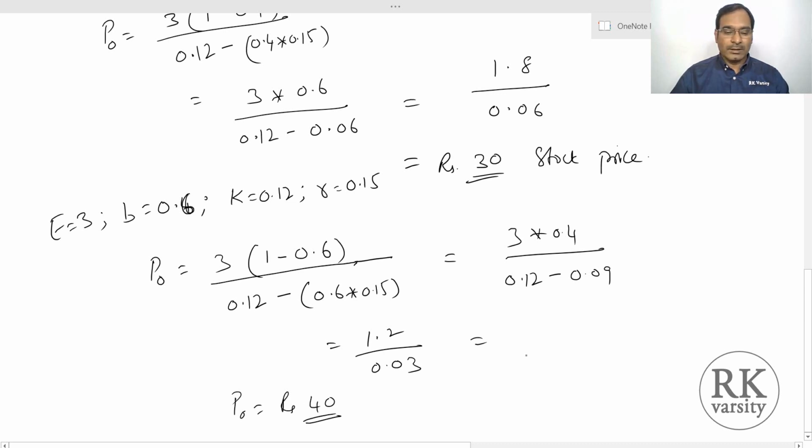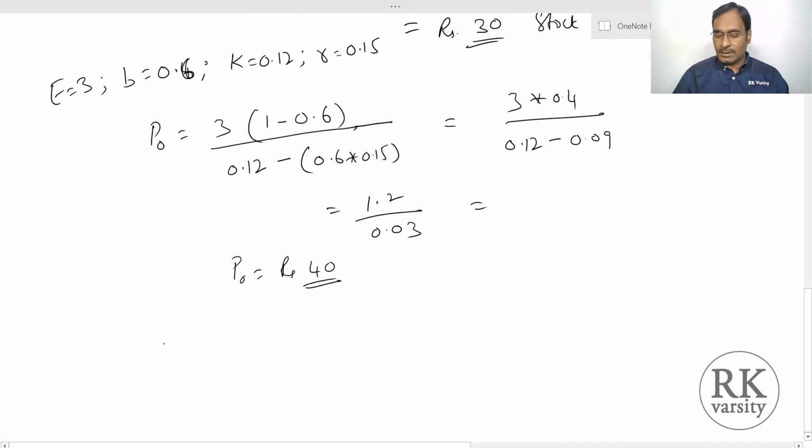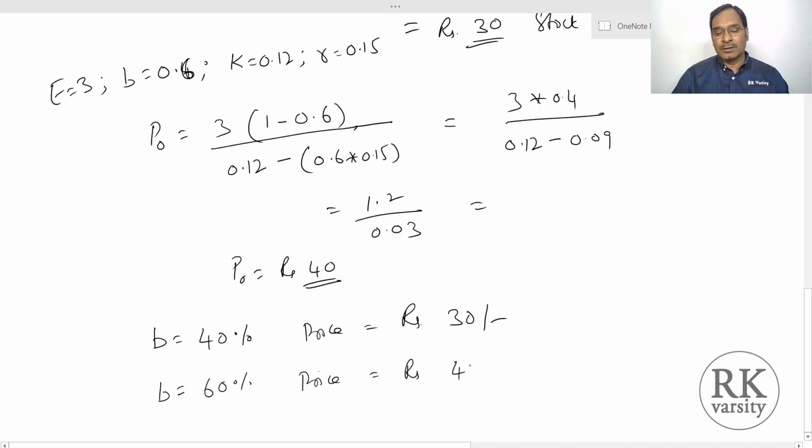Now earlier, when your dividend payout ratio, that is B, equals 40%, price is rupees 30. When B, your retention ratio, is 60%, then price equals rupees 40.